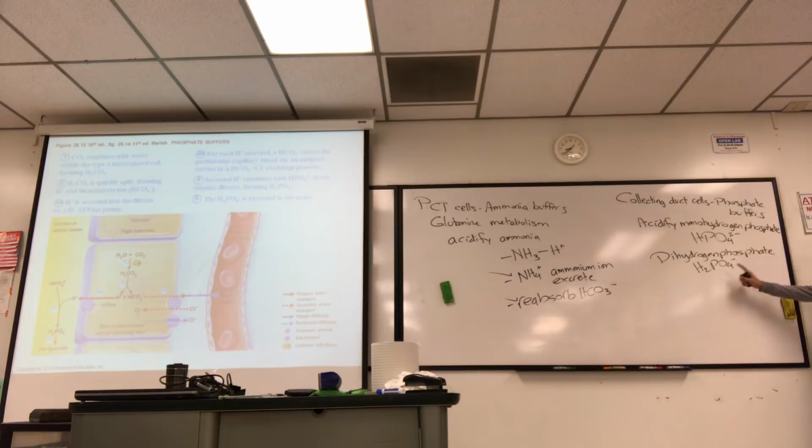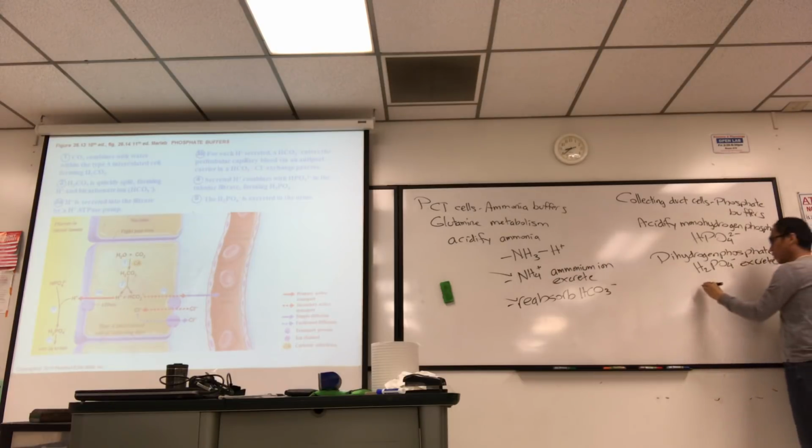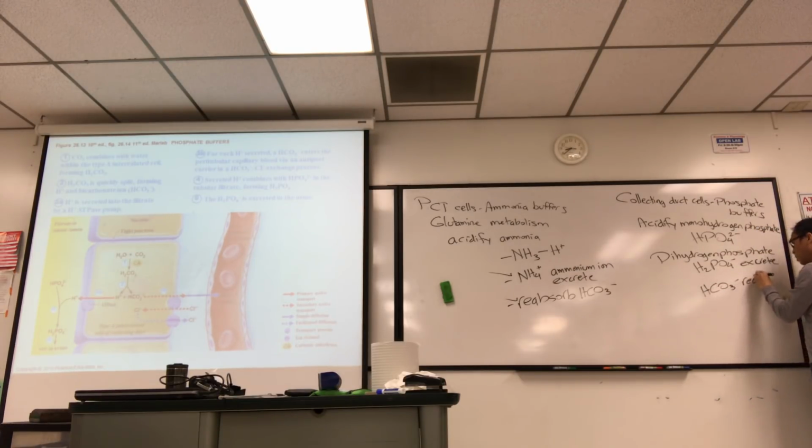Okay, so you acidified it, boom, you excrete that molecule, and you reabsorb the base. So both of these, the ammonia and the phosphate buffer, are very effective at combating the acidosis, because you excrete the acid, reabsorb the base.